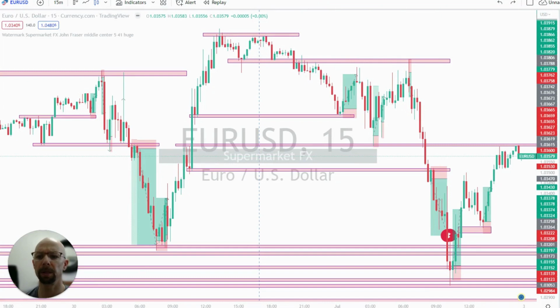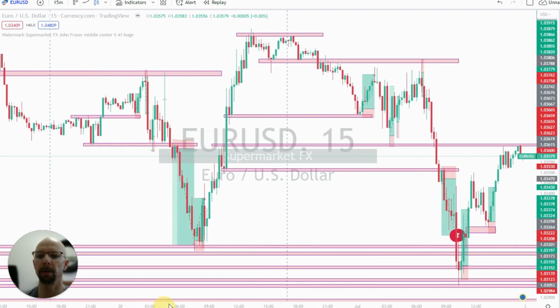Okay, so what you can see here is I've marked everything up. I mark areas where I've seen price react, and we're going to take a look at this. So let's dive into this. I'm going to start at the beginning here. Now you can see, where are we here?